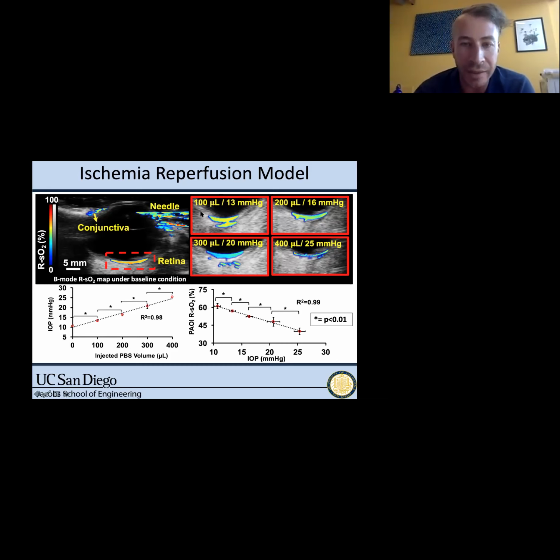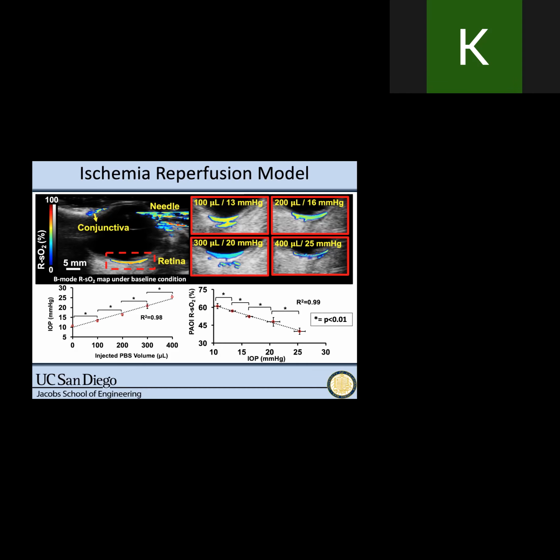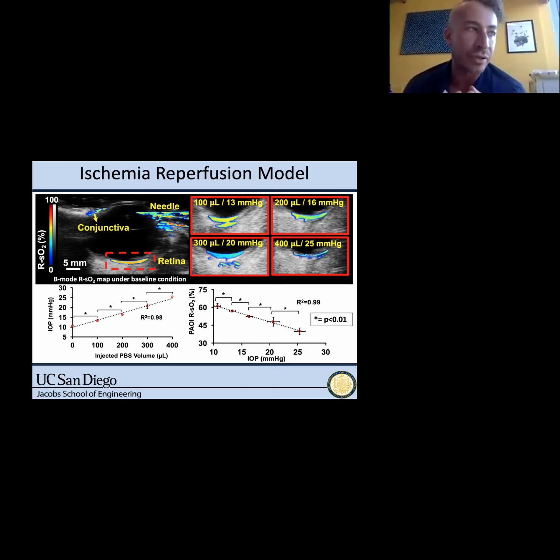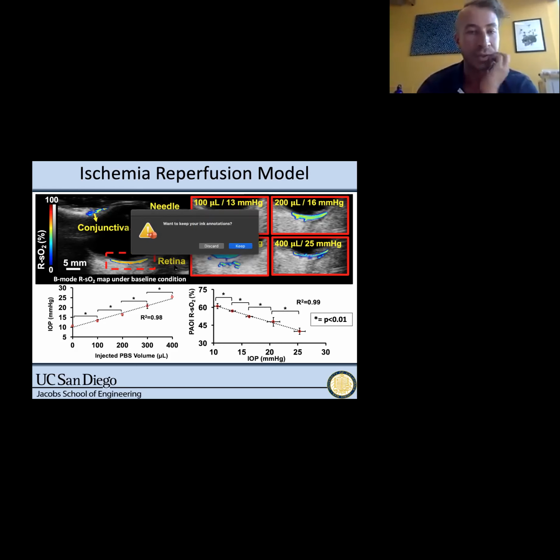So I think we're imaging both the choroid and the retina, and that's why you're seeing these two different areas. Honestly, there's only so much we can do. One thing we could do is increase the frequency of the transducer. This is at, I think, 40 megahertz. If we went to 70 megahertz, we would have higher spatial resolution.